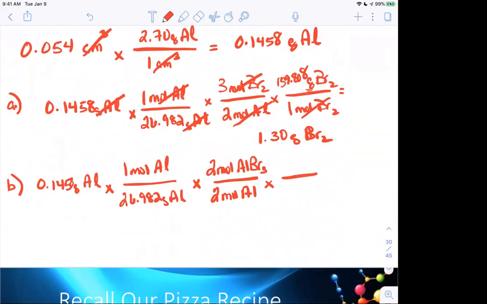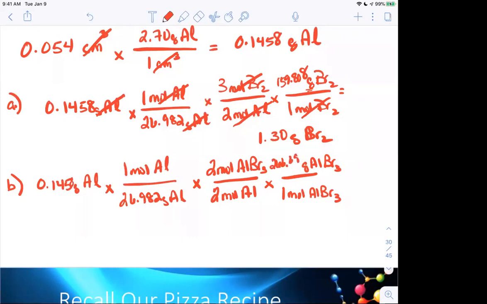Now I just need to convert to the grams of AlBr3. For every 1 mole of AlBr3, I have how many grams of AlBr3? So what I'm going to have is aluminum, which is 26.982 plus 3 times the mass of bromine, which is 79.904, and that gives me 266.69.